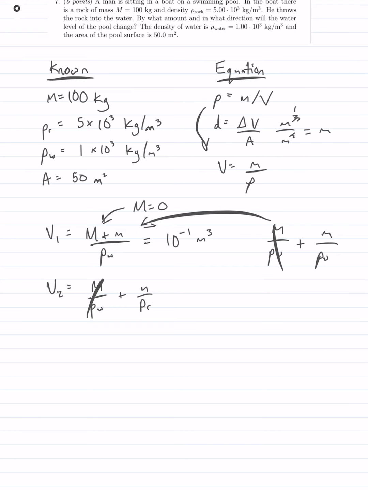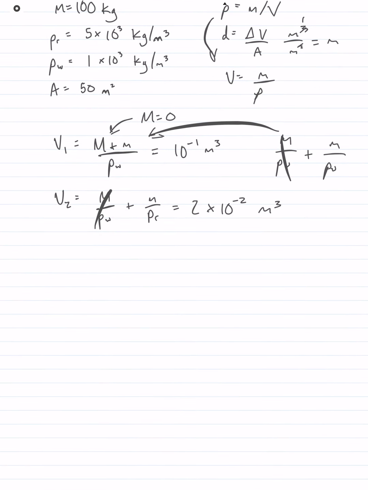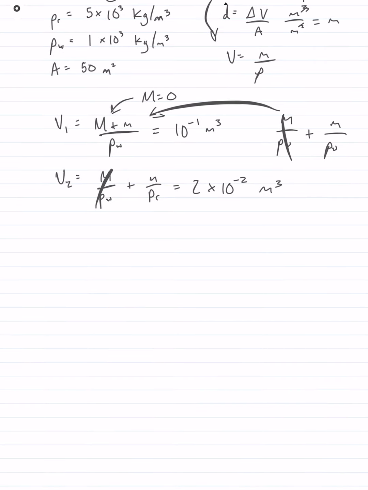Okay, so then if we do this, we would get 2 times 10 to the negative 2 meters cubed. And it makes sense that it's a little smaller because the density of rock is larger and it's being divided by, so that we get a smaller number in the end. And then for the displacement, we can do the change in the volume divided by the area.